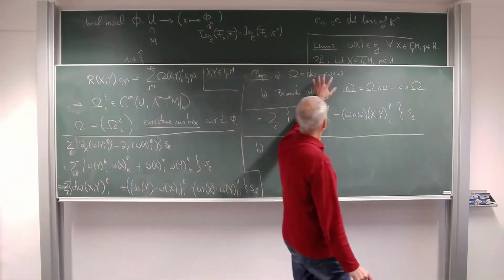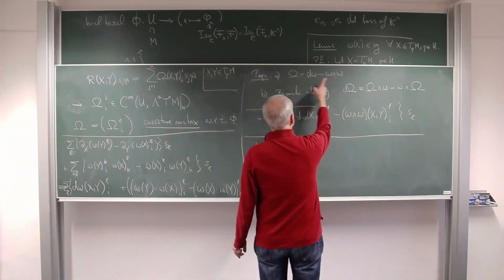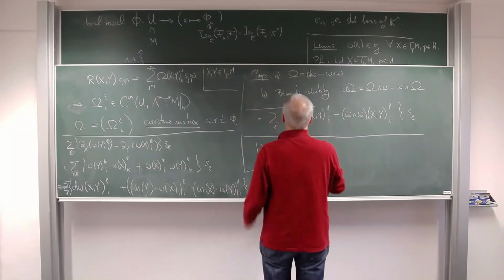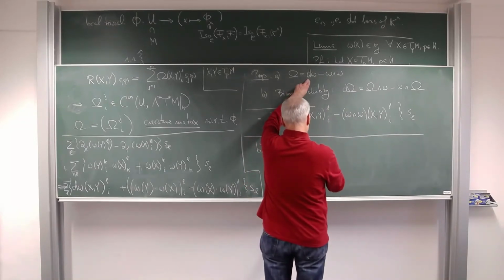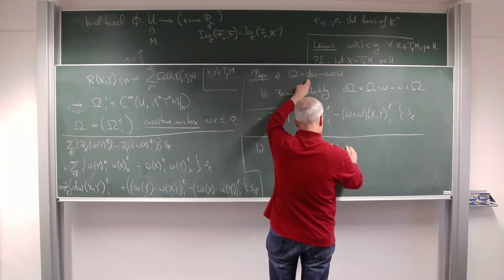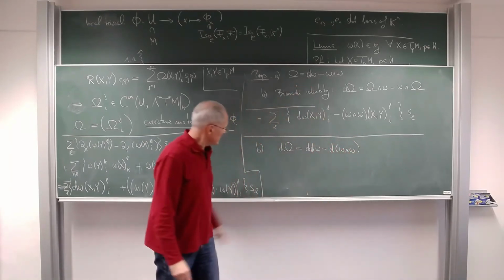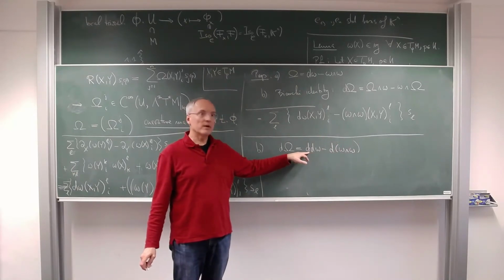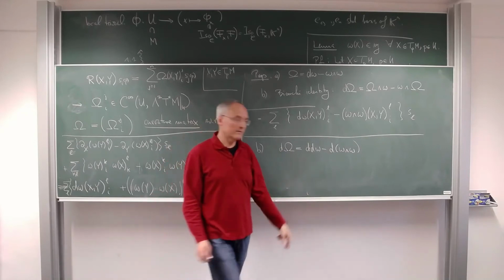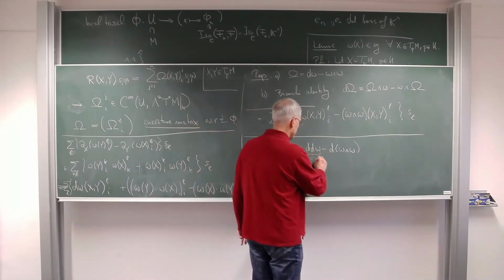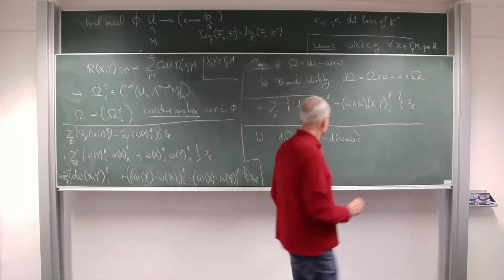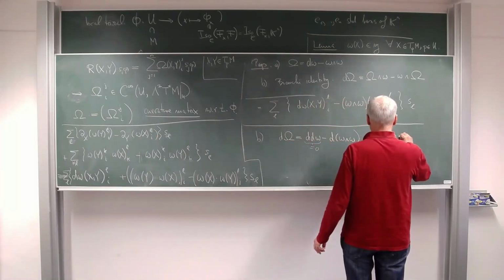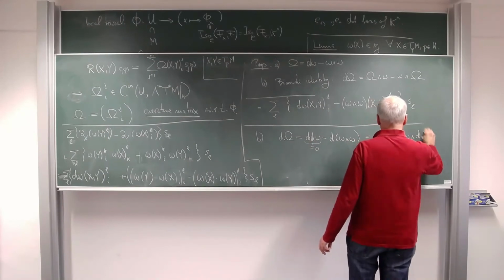So let's see, if I just use the first equation to compute d capital omega, then I get d of d little omega minus d little omega wedge little omega. Now this is applying the differential element-wise, and so d squared is always 0, so this first term is 0. This does not contribute. And here we have minus d little omega wedge little omega plus little omega wedge d little omega.